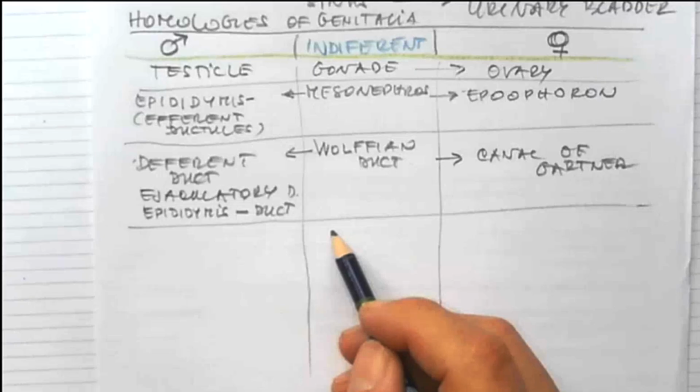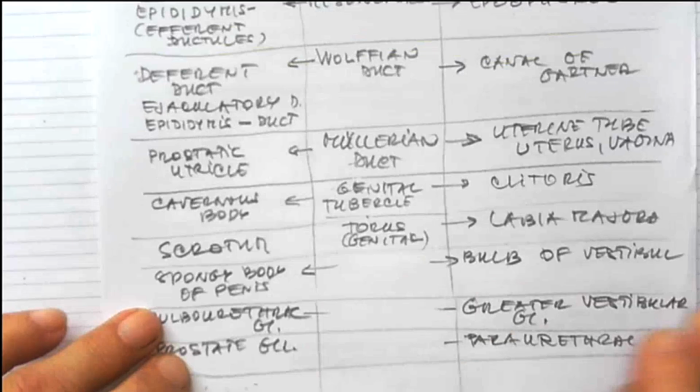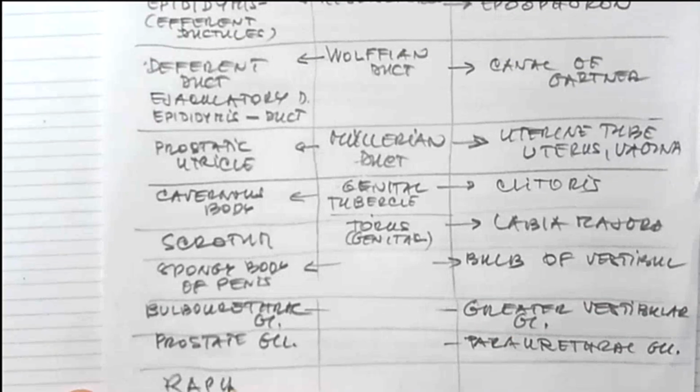Maybe just the last point, the scrotum. You see, the scrotum has the raphe, because it contains two testicles, so no need to draw anything. Just remember that the scrotum has the raphe of scrotum. And this corresponds with the rima.